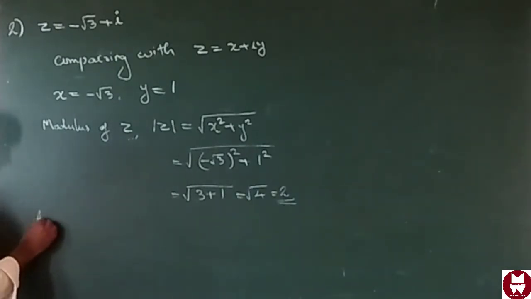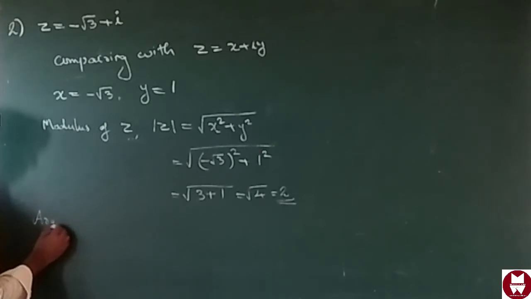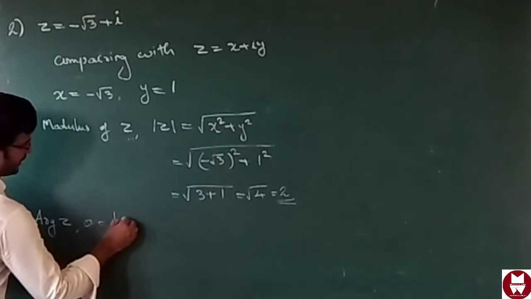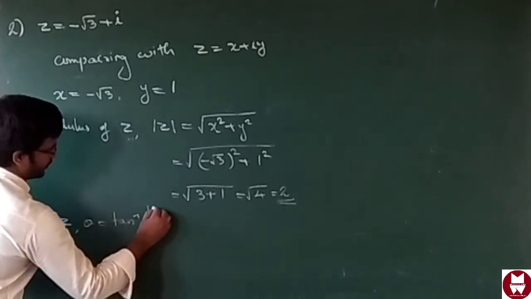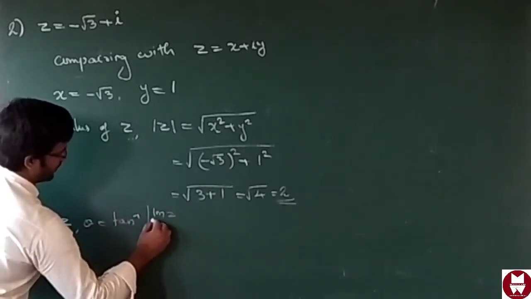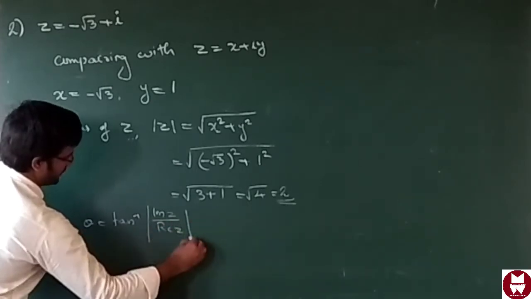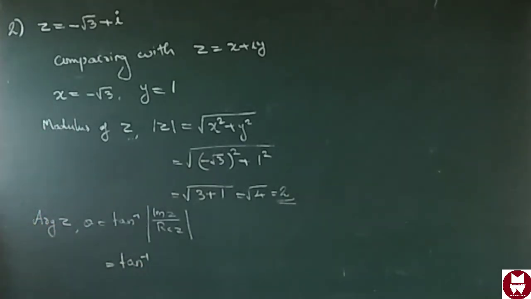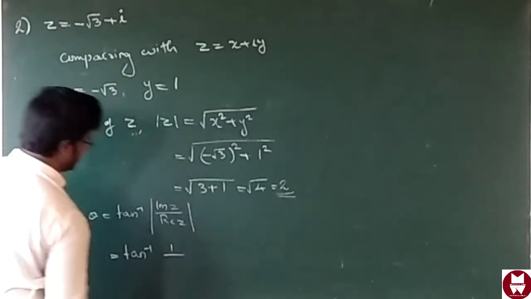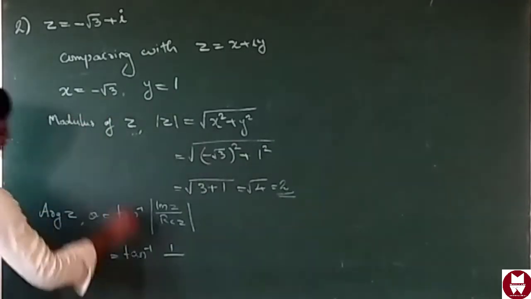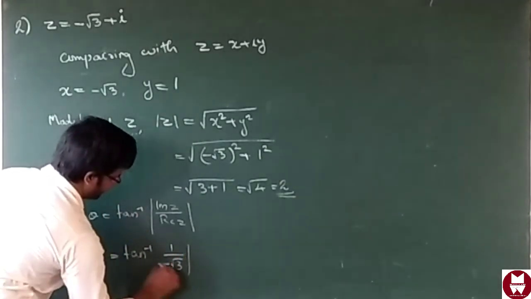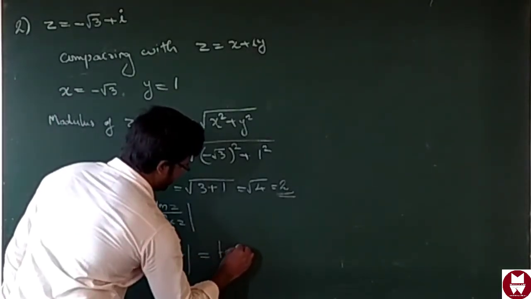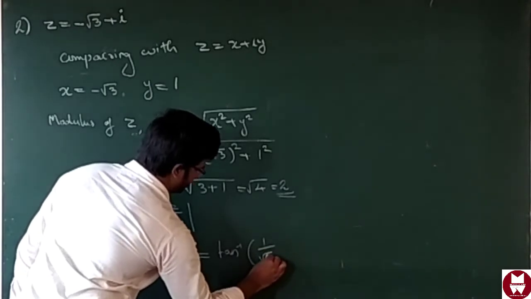Next, argument of z, that is theta, equal to tan inverse of modulus of imaginary part of z divided by real part of z, equal to tan inverse of imaginary part, what is the imaginary part here, divided by real part of z, minus root 3, equal to tan inverse 1 by root 3.